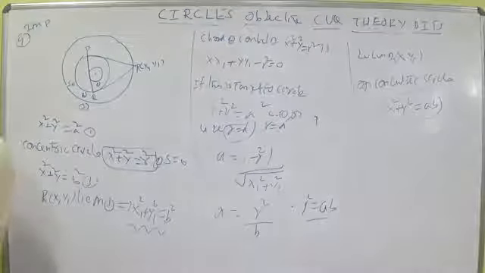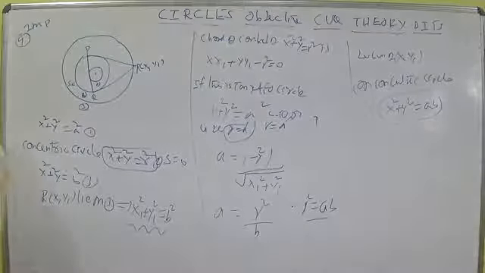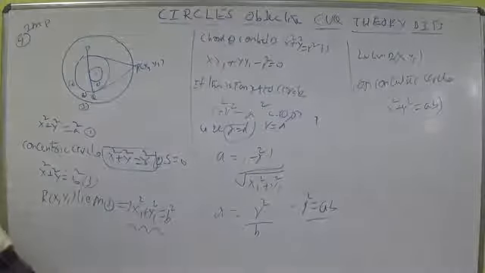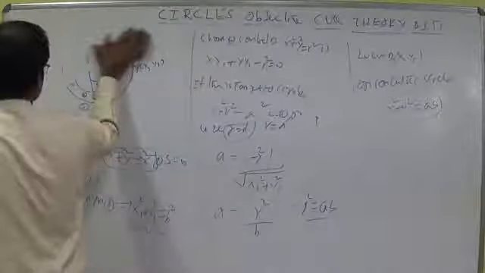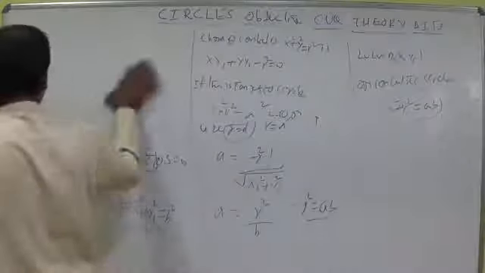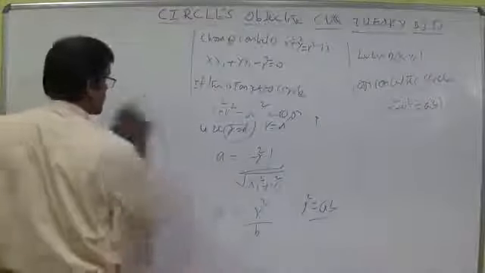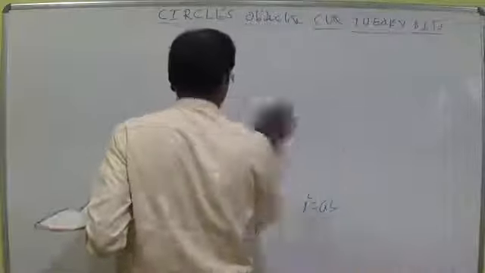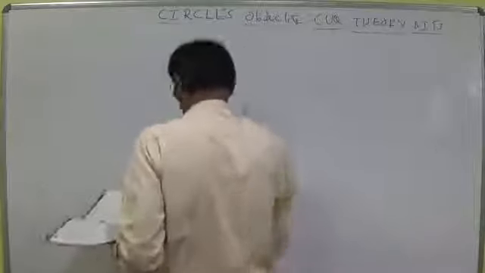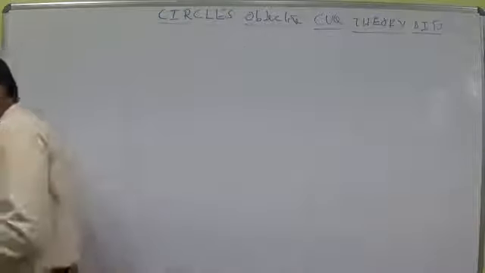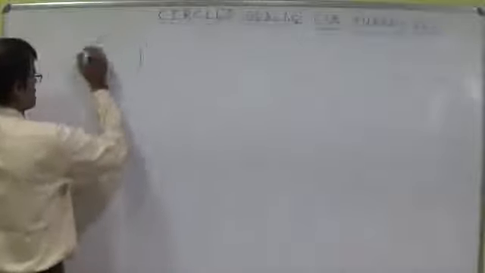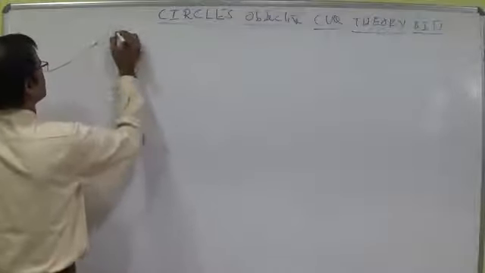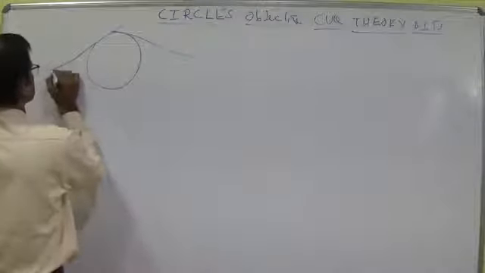Let us discuss the 10th question. If T1, T2 are lengths of tangents drawn from conjugate points A, B. Draw a rough diagram like this.